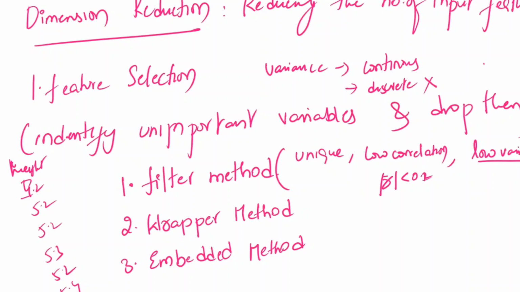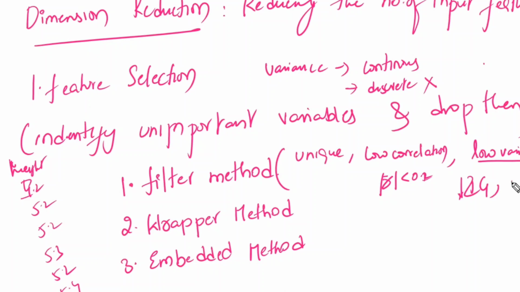For discrete variables, how do we identify which are unimportant? Whichever has low information gain. You already know information gain, right? I already explained what is meant by information gain. You calculate the information gain for each column, and if it is very low, that particular column you are going to drop. And by using the chi-square test or one proportion test for a single column, which type of test do we apply?